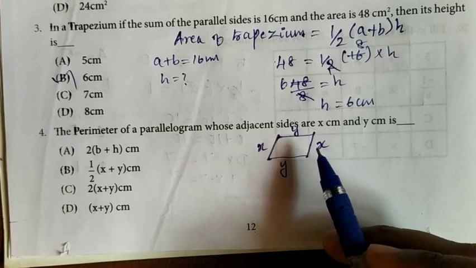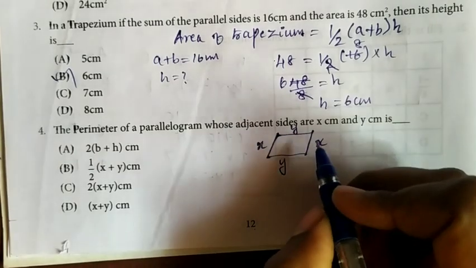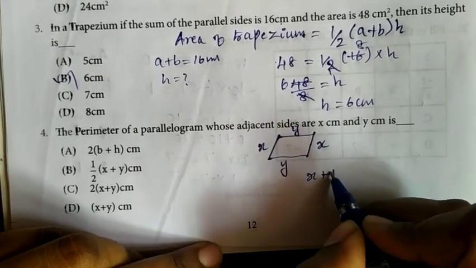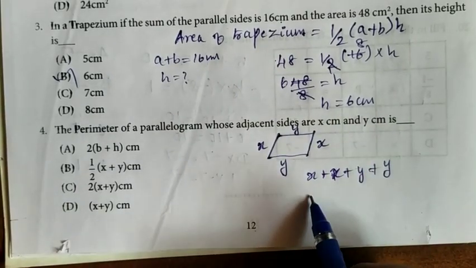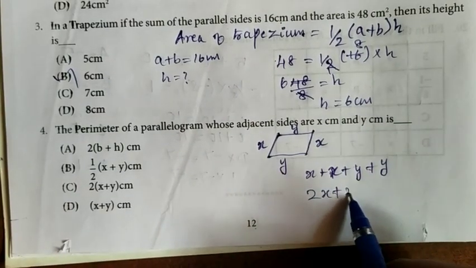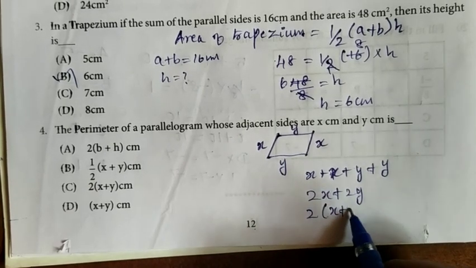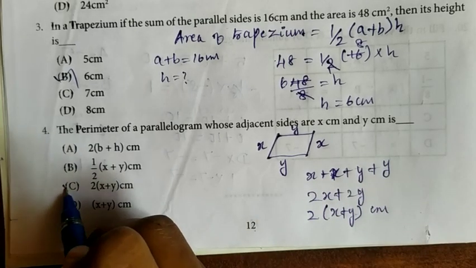To find the perimeter, we need to add the lengths of the sides, that is x plus x plus y plus y. You get 2x plus 2y. Take 2 as common, 2 into x plus y centimeter. Option C is the correct answer.